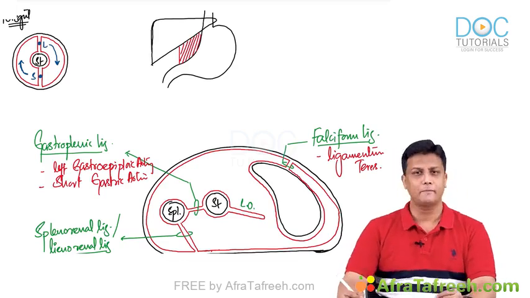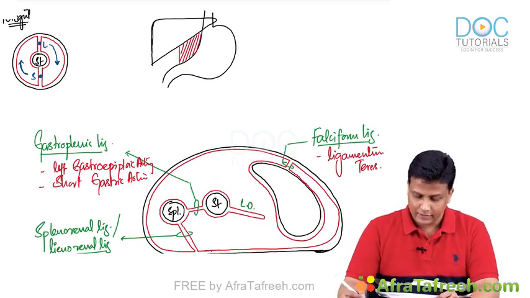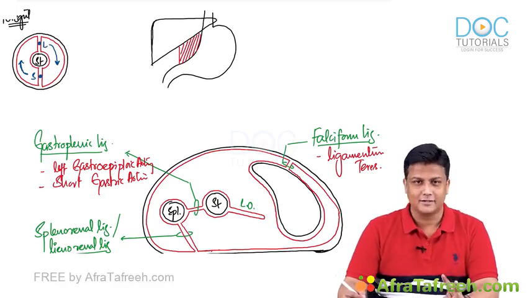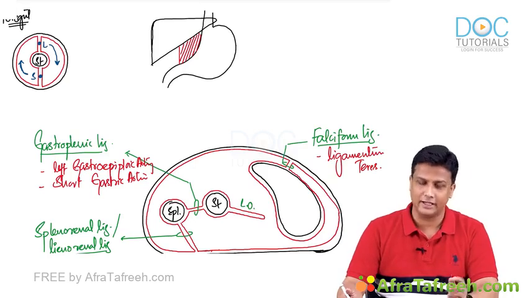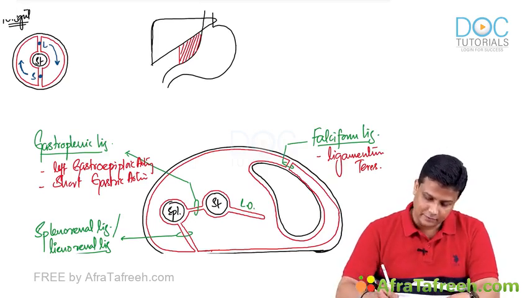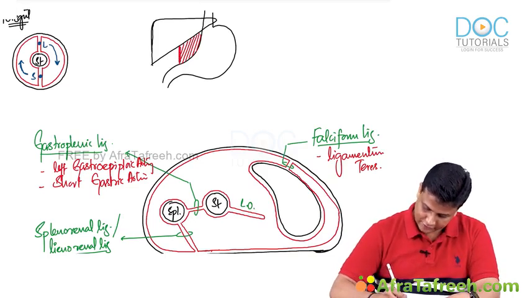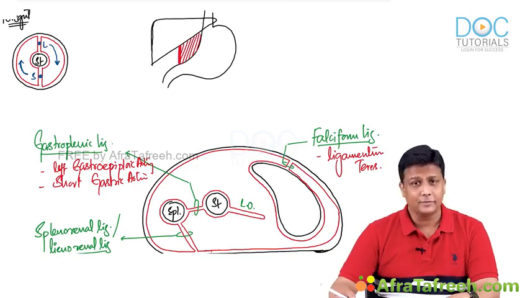That's the lesser omentum. But remember, this lesser omentum actually has two parts. One is the attached part and another one is the free margin or the free end. Let me make it thicker here. This is the free end of the lesser omentum. This is the free margin of the lesser omentum.